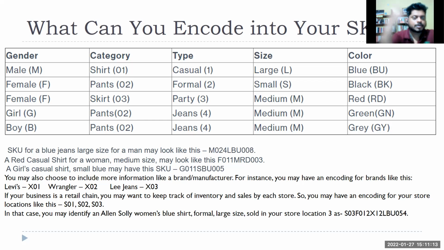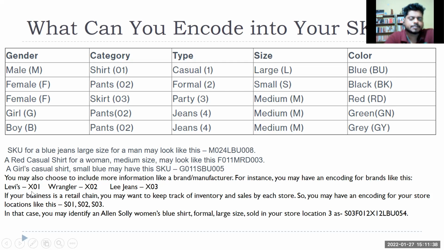When I say coding, I don't mean software coding. Here it means getting that information built in or printed on those items, SKUs. So this is, again, for a girl's casual shirt, small, blue, which may have this SKU. Then again I can encode the brand.